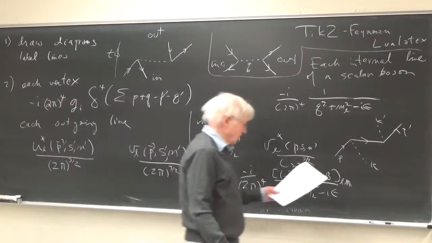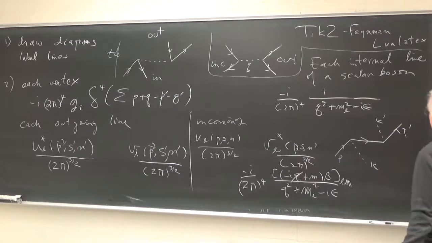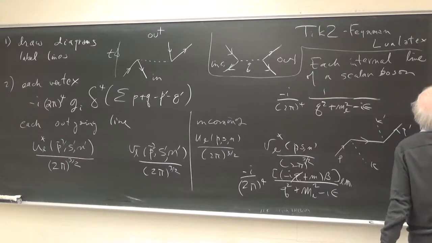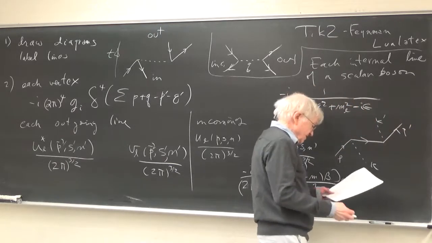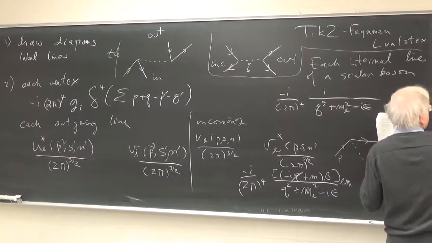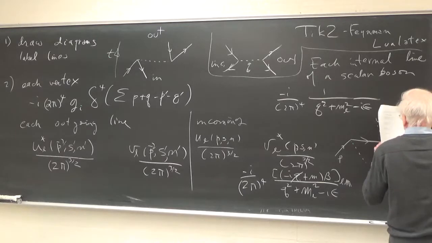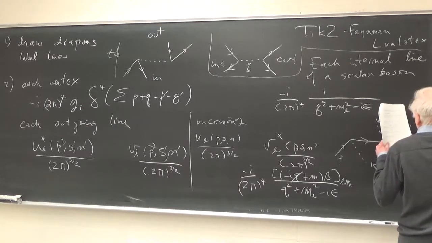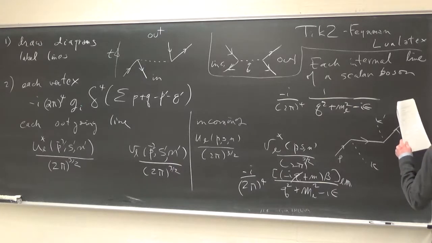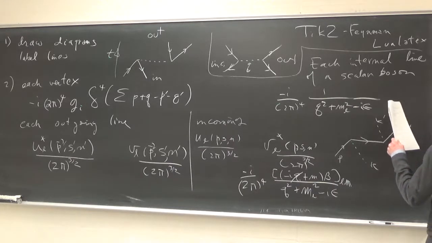And if it's a spin 1 particle, on the other hand, so for example, if we have a fermion-antifermion going into a photon, going into a fermion-antifermion, you draw a wavy line and it contributes a factor i over (2π)^4, η_lm plus p_l p_m over m squared.